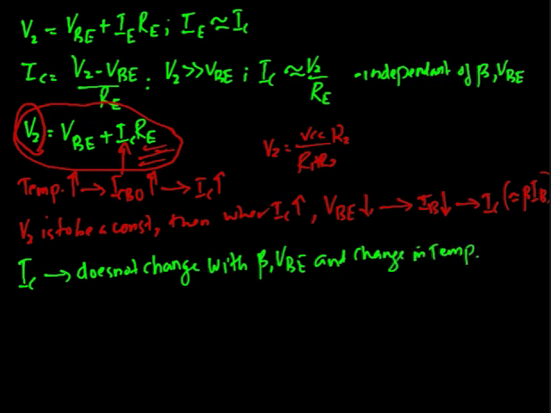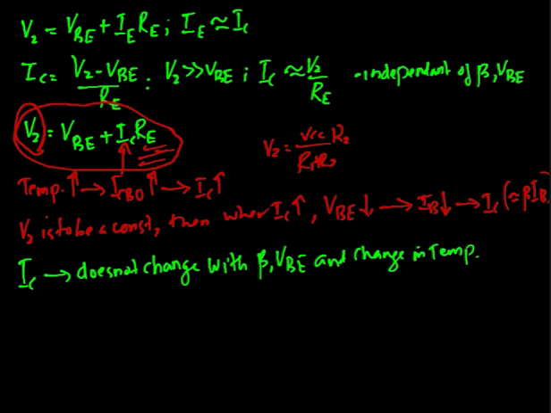The presence of RE makes the collector current independent of the variations in the transistor parameters and change in temperature. So the collector current is fixed for this circuit.